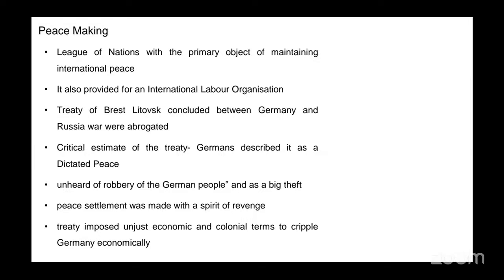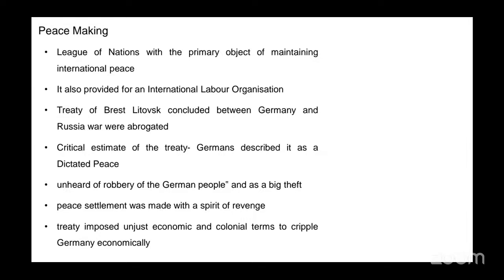Then let us estimate this treaty. What are the drawbacks and what are the takeaways of this treaty? From the point of view of Germans, they describe it as a dictated peace because it put so many restrictions on them, and they were not given any chance to negotiate.